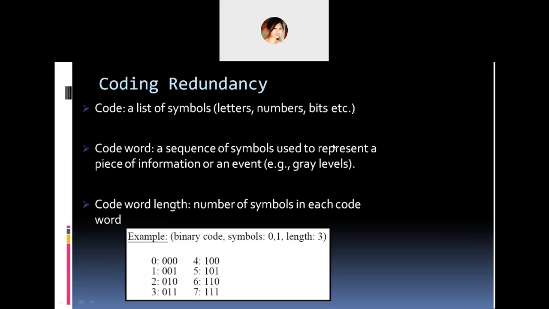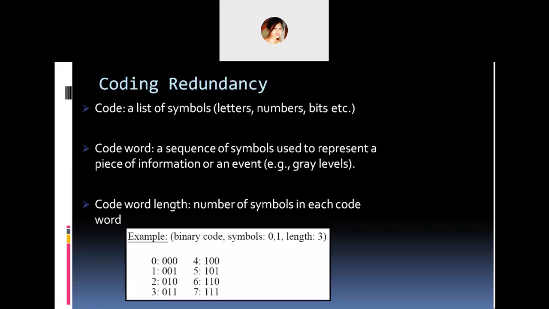Then we have coding redundancy, which is related to coding. A code is a list of symbols comprising letters, numbers, bits, etc. Mainly we will talk about bits and numbers.